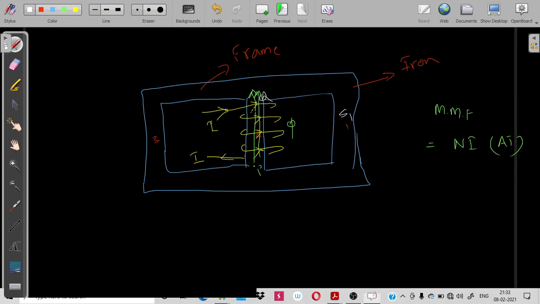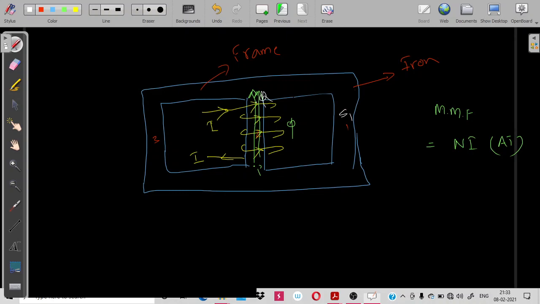First of all, this is the total flux phi. Then for phi to complete a closed path, there are two paths for the flow of the flux phi.